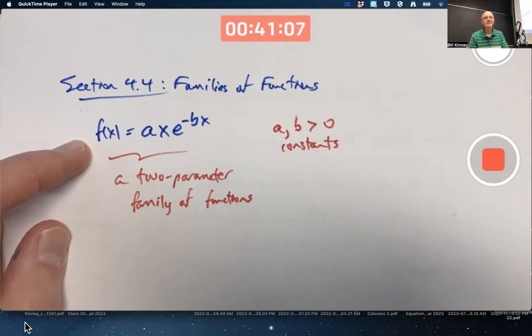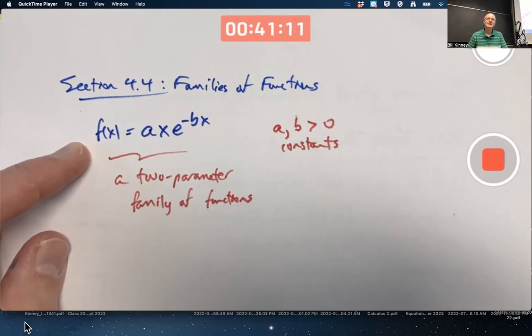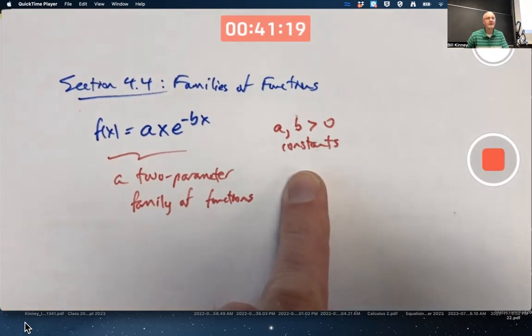And certainly if a and b were fixed numbers, then it would be one function. But it's useful to think of this as representing infinitely many functions, one for the infinitely many possible values of a and b, one function for each possible value of a and b.